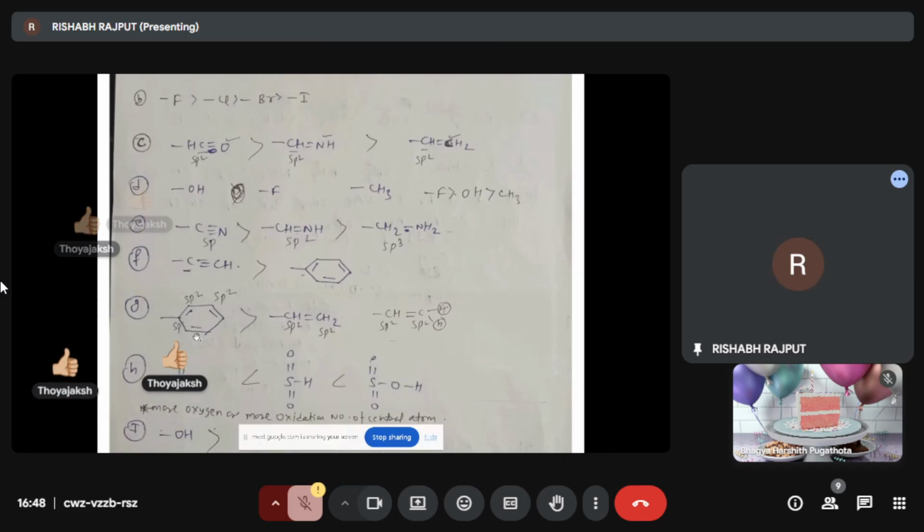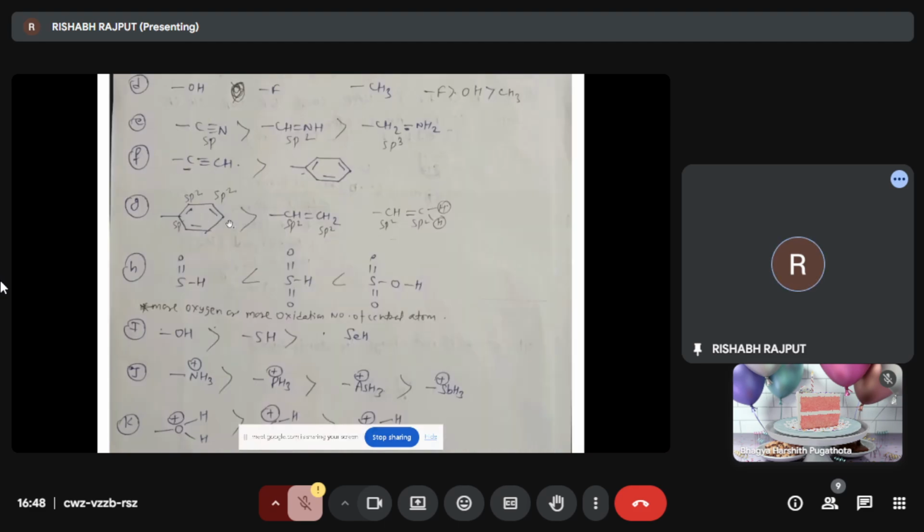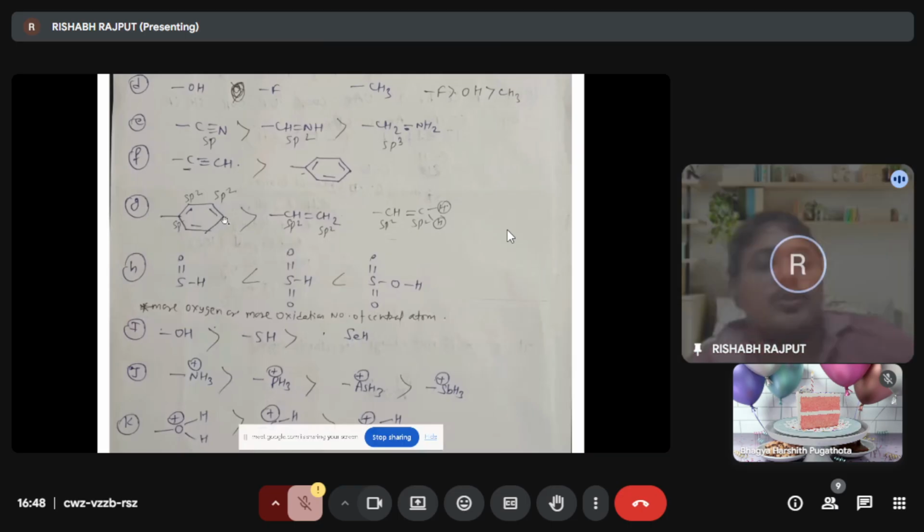See, this is a phenyl group. This is CH2, CH2, then it is CH double bond with CH. If you see here, both are sp2 hybridization, but it is a phenyl group. See, guys, can you compare here? Here both have sp2 hybridization, but why does this phenyl group have more minus effect? See, if you compare this carbon, first carbon is sp2, second carbon is also sp2, third carbon is also sp2.